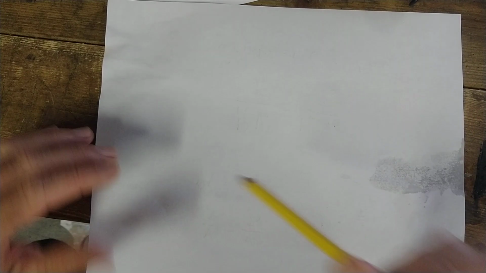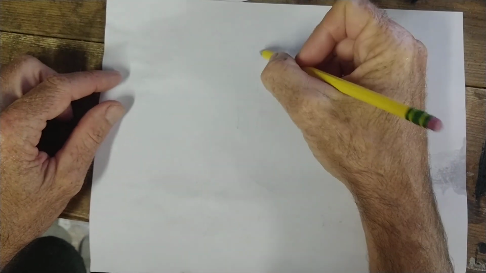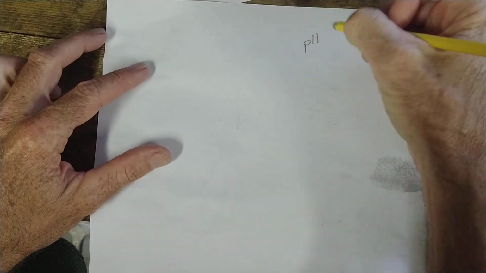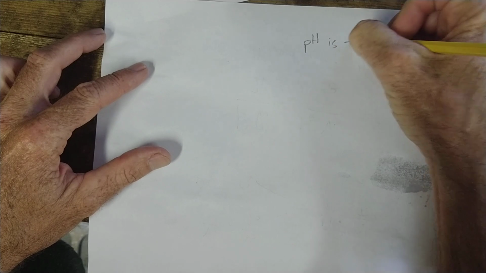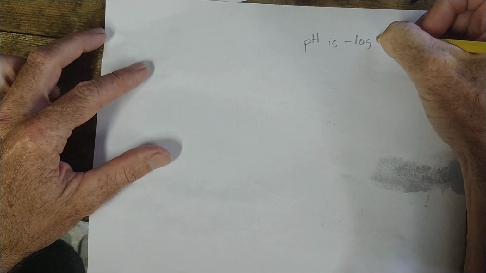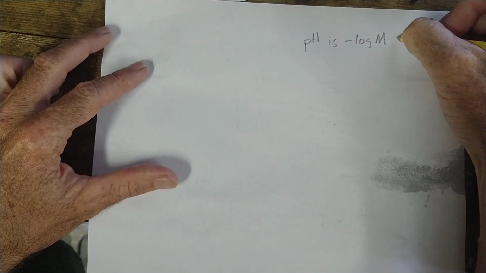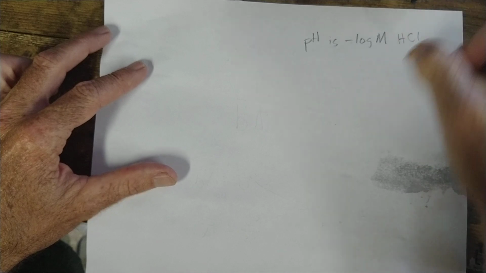So in the first lesson we learned that the pH was the negative log of the molarity. Okay? Negative log of the molarity of an acid like hydrochloric acid, for example.